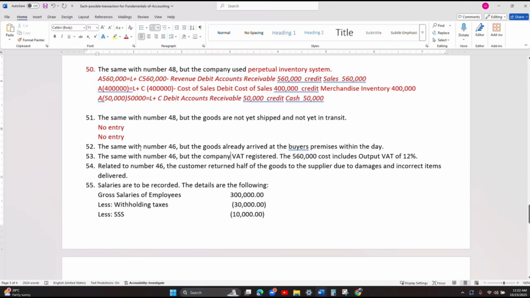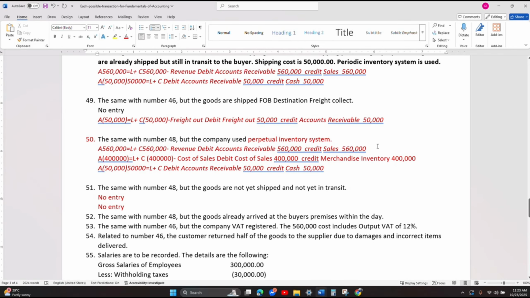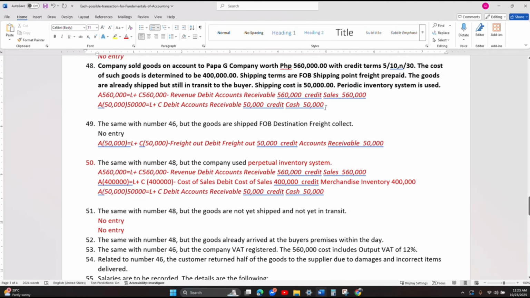Number 52. The same with number 48, but the goods already arrived at the buyer's premises within the day. So if that is the case, since the shipping terms is FOB shipping point and freight prepaid, the analysis will be like this.